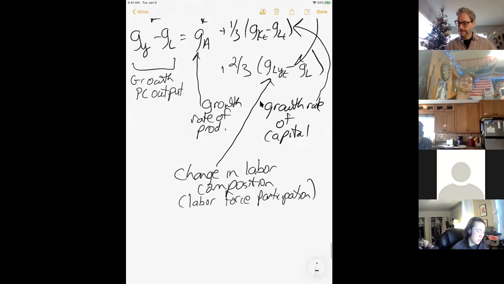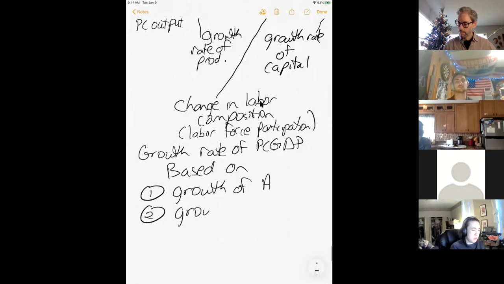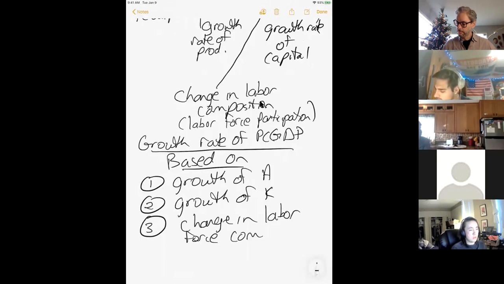So to say this another way, the growth rate of per capita GDP is really based on 3 things: the growth rate of A, the growth rate of K, and then the change in labor force composition.